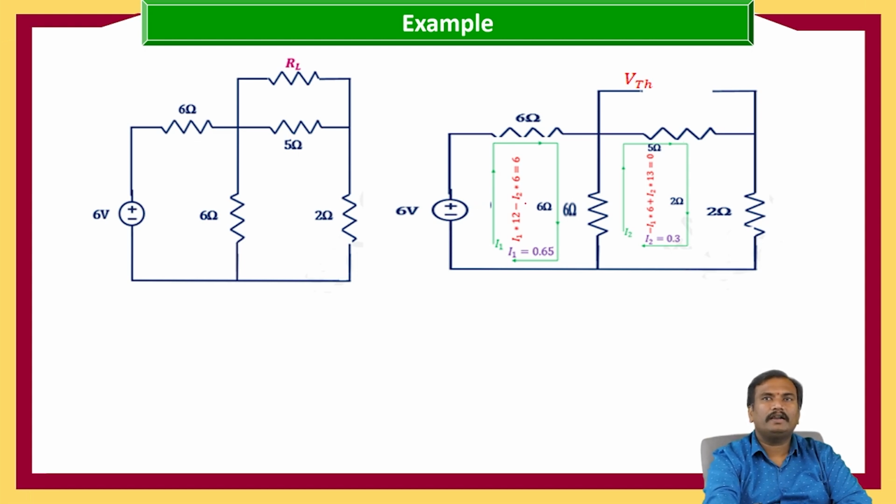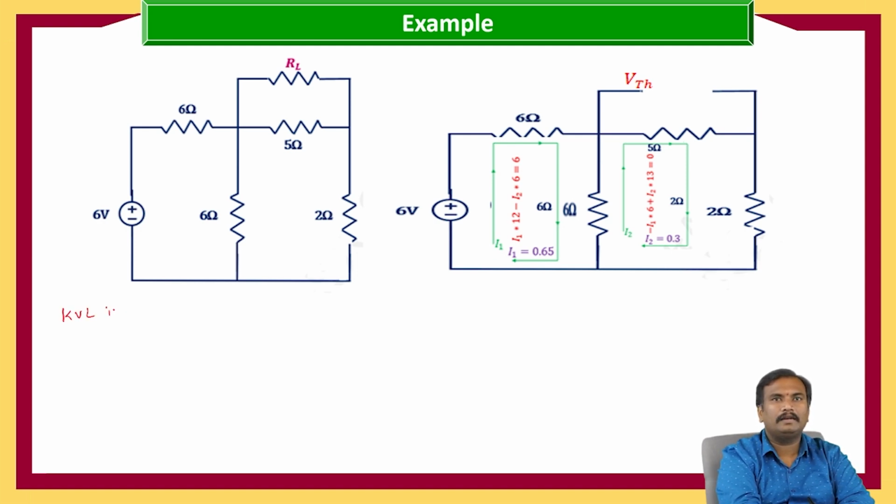Now we need to write the KVLs in both loops. When we write the KVL, we get the current flowing through these 5 ohms, and the voltage across this 5 ohms is nothing but the current flowing through it times that resistance value. Let us consider this as I1 and this as I2.